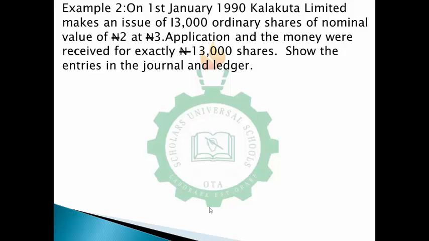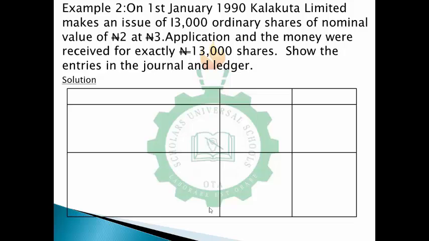Now for this case, the first thing, if you are preparing your journals, create your table. Now for the first entry, you have received application money for 13,000 shares at 3 Naira. So 3 Naira times 13,000 is going to give you 39,000 Naira. So you debit your bank. You must have received 39,000 Naira in your bank account.